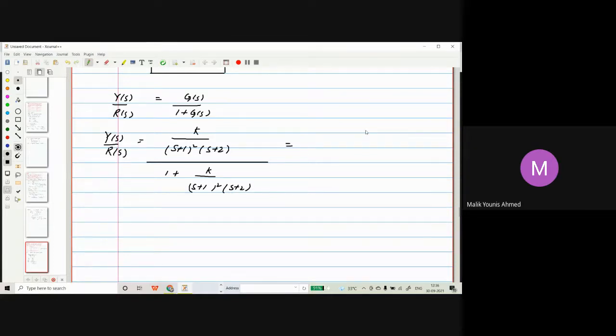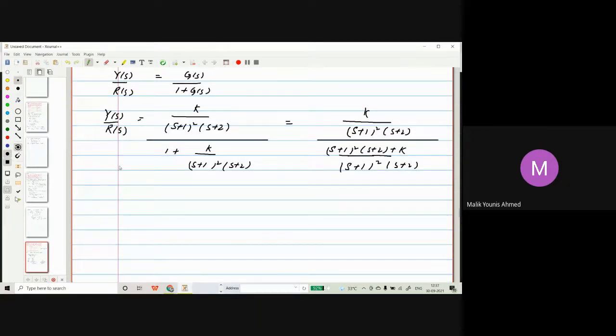To solve it, multiplying the whole thing by (s plus 1) whole square into (s plus 2), the denominators go, and we get k divided by (s plus 1) whole square into (s plus 2) plus k.